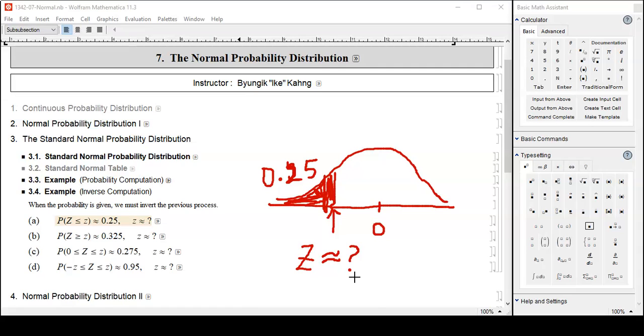Now, if you go over to the normal table, you can find the probability with the z-score: the first two decimal digits in the first column, then the appropriate row, and then the second decimal digit. But this time we have to go backward. All right, let's get out of this drawing mode now.